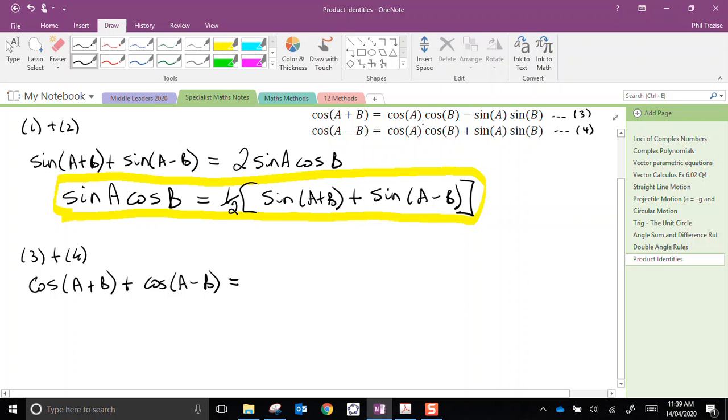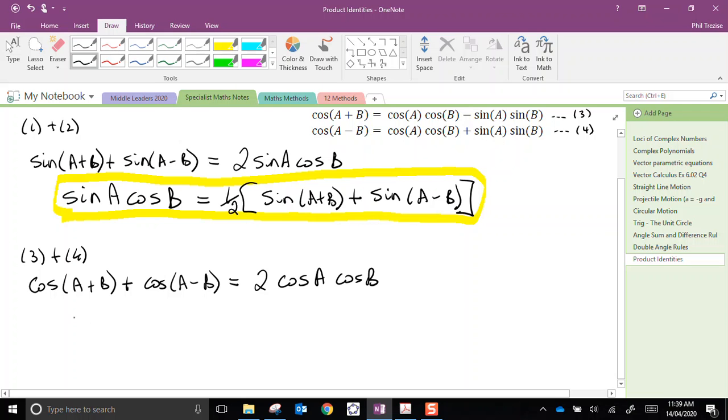The first term, cosine A cosine B, is the same on both, so it's 2 cosine A cosine B. The second terms are equal but opposite signs, so they will add to give 0.